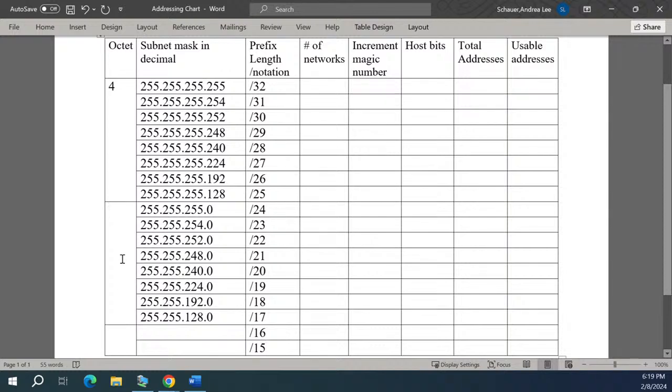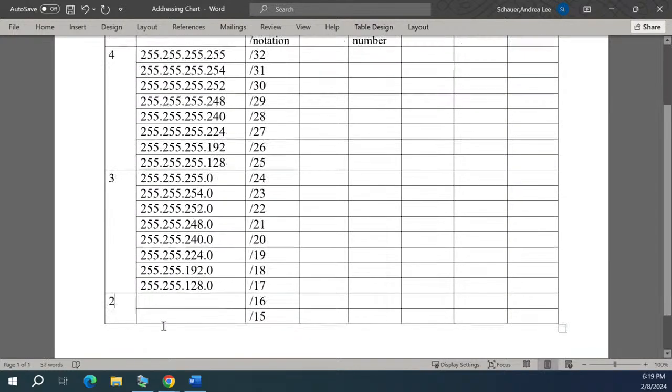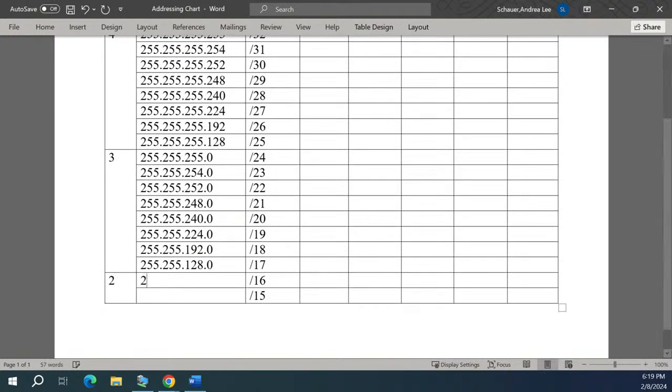The one we just finished, that would be 3. And what would this one be? 2. So we'll just do a couple. We don't need to do them all. So it's going to be 255.255.0.0. Okay, then what? 255.254, because it's going to repeat, right?